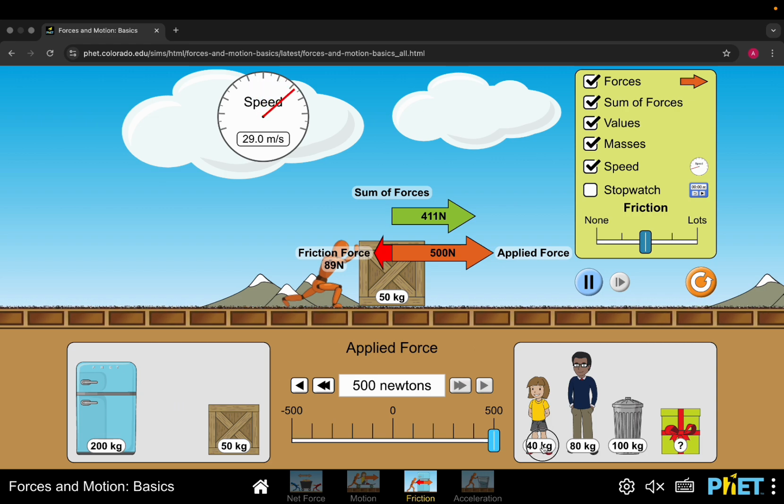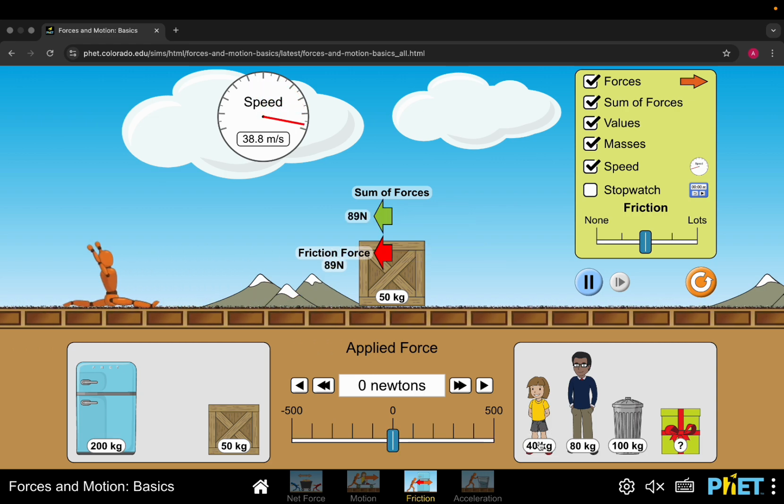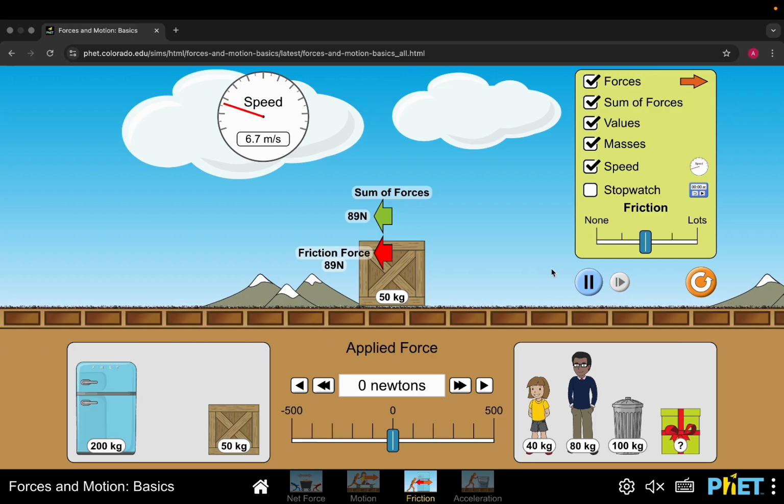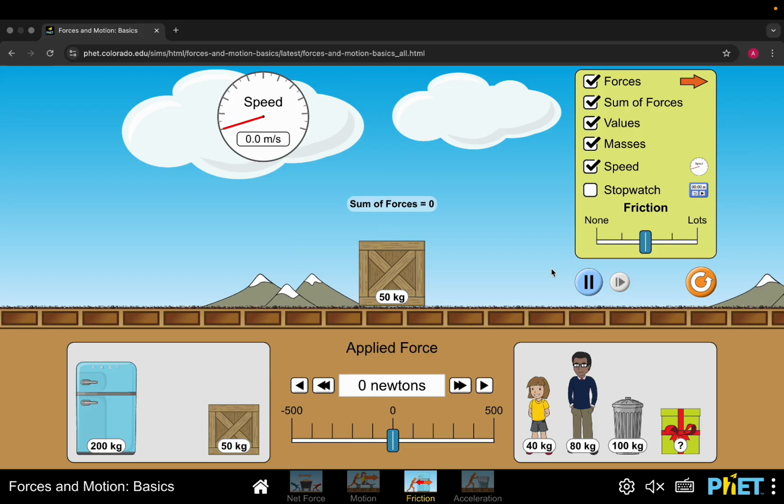500 newtons, sorry. It is taking more time to accelerate to 400 meters per second speed, and it is decreasing its speed. Why? Because friction acts against motion. That's what I was telling you before.